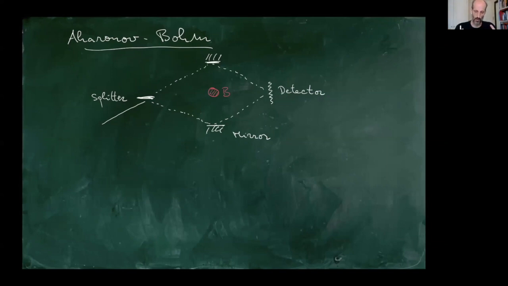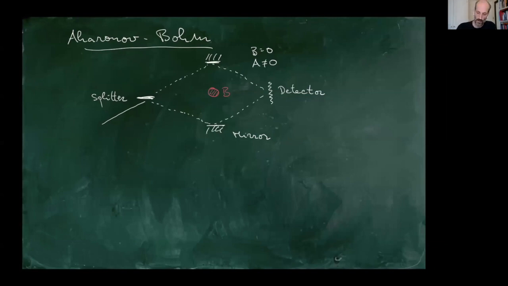So what happens here is that even though the magnetic field is zero outside of the red region, you have B equals 0, but A is non-zero, okay? And A has to be non-zero.